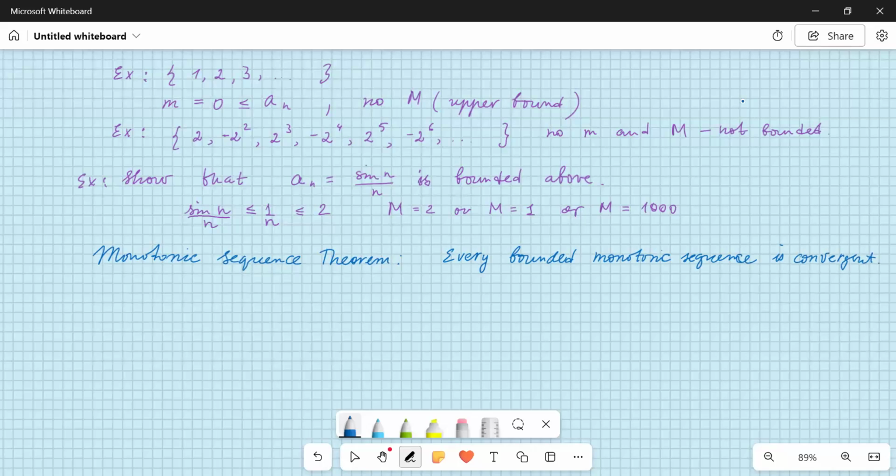Convergent means that it has a limit. I'm going to put it in parentheses: has a limit. If you don't remember what convergent is, it's telling us that if your sequence is monotonic and bounded above and below, bounded means both of them, right? Then it's going to have a limit.